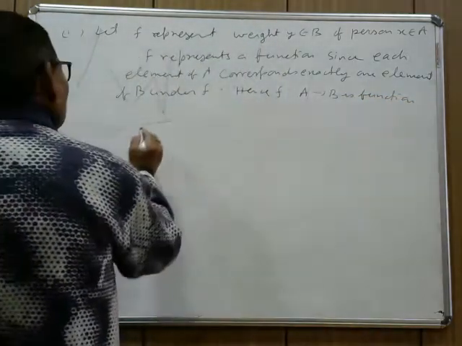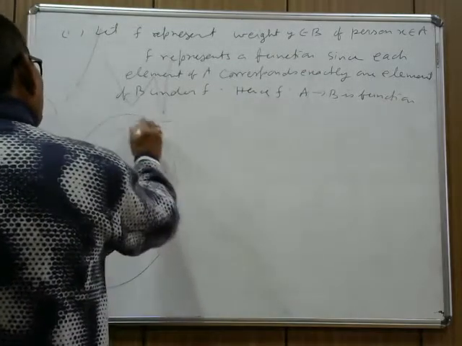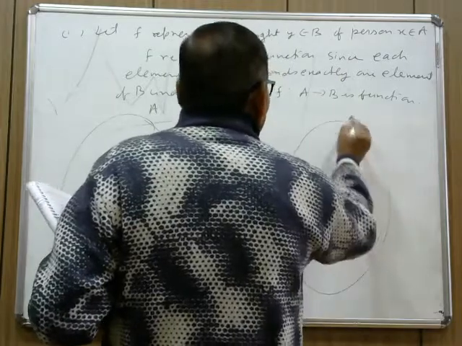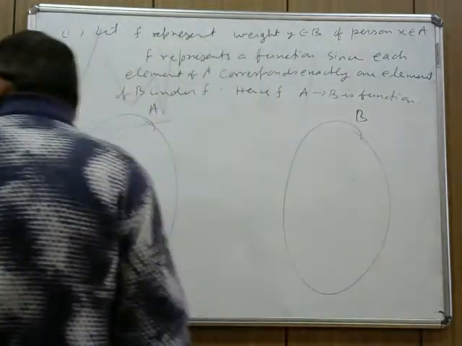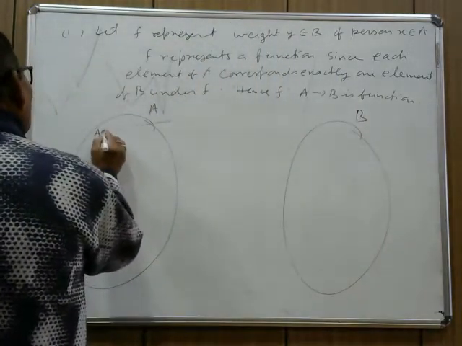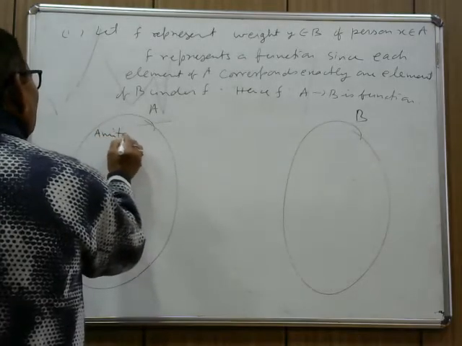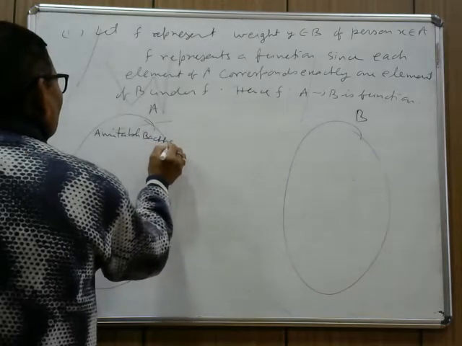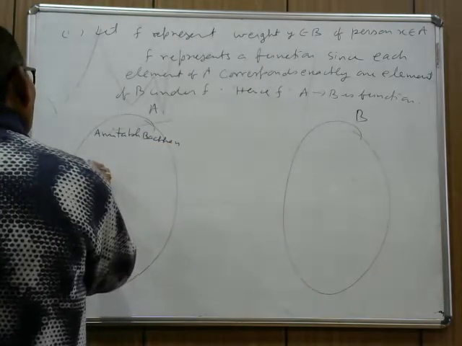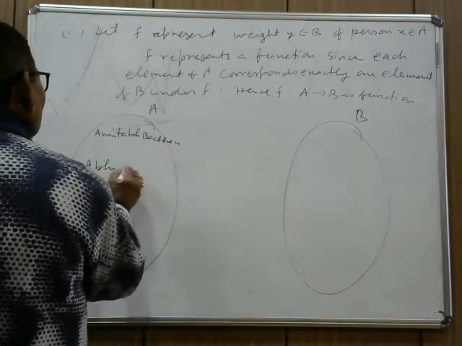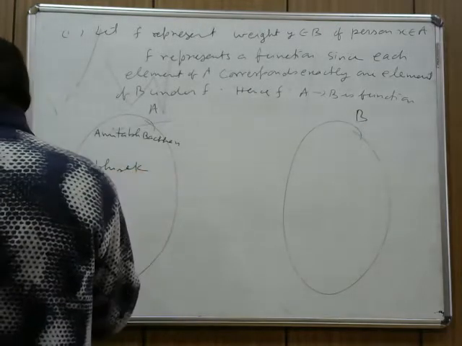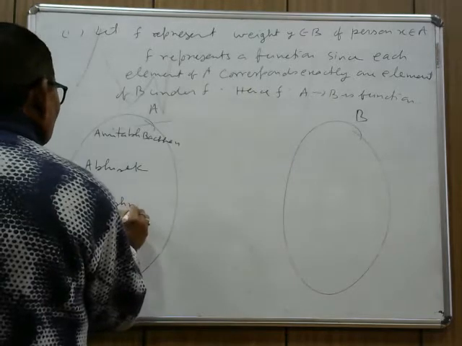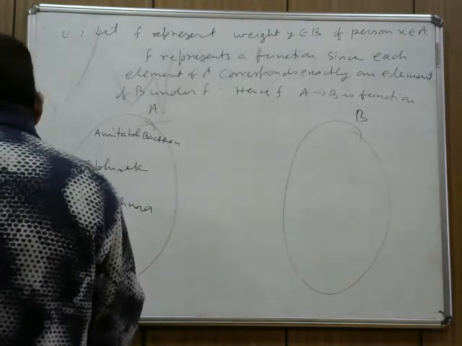And now you see, I have taken a set A. I am making one picture and you correlate with this. This is a set A and this is a set B. Here I have taken the members Amitabh Bachchan, second is Abhishek, third is Karishma, fourth is Bhumika.